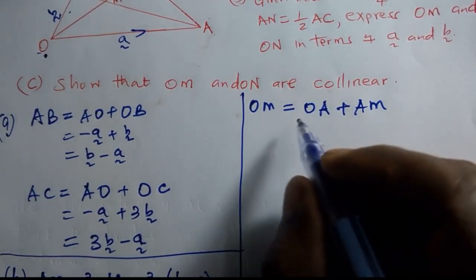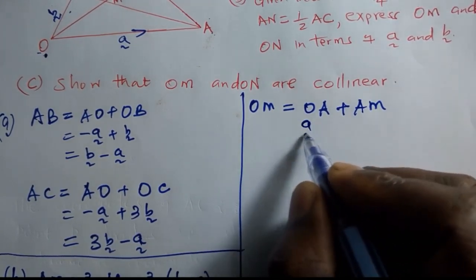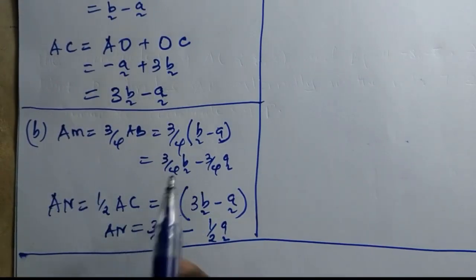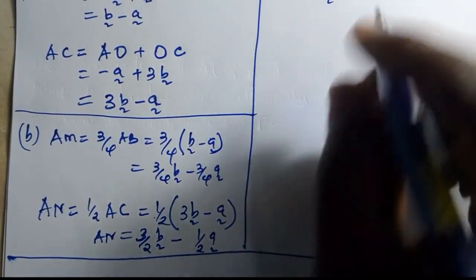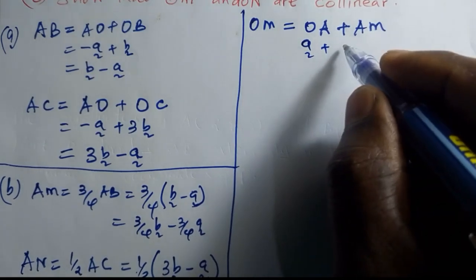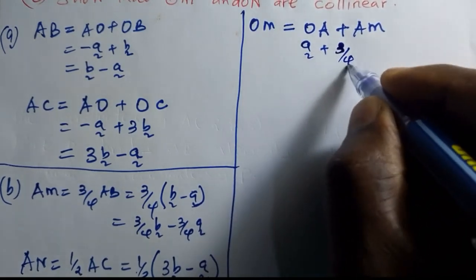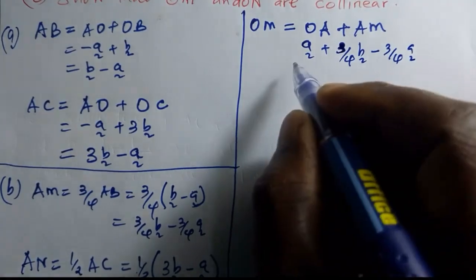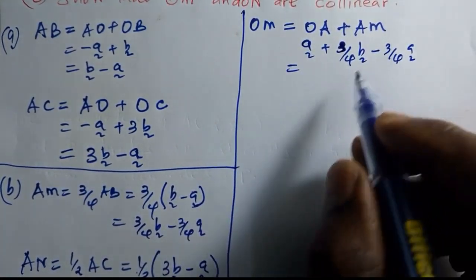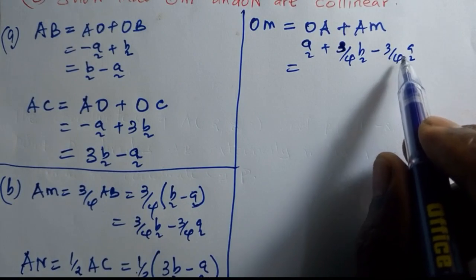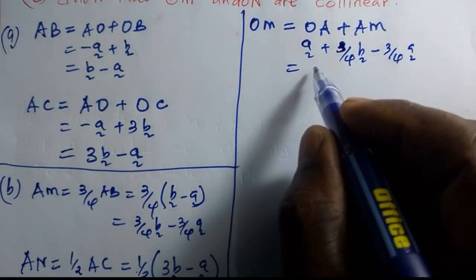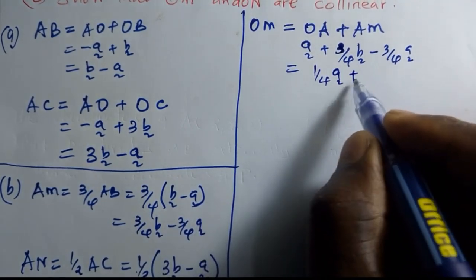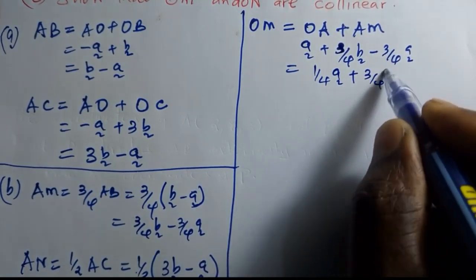We have OA, which is A, plus AM, which is 3 over 4B minus 3 over 4A, meaning that OM is equal to 1 minus 3 over 4A, which is 1 over 4A plus 3 over 4B. That is OM.